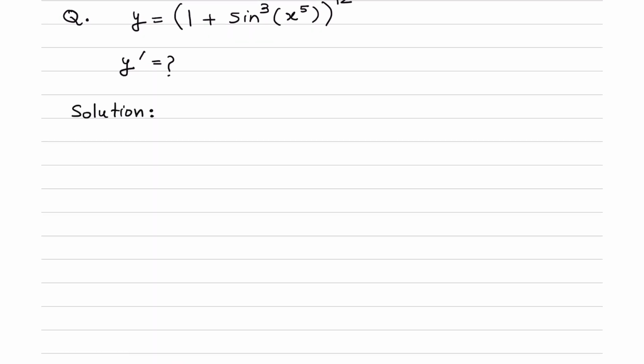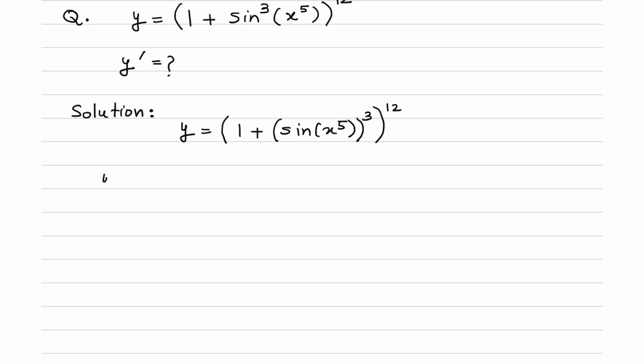To find the derivative of y, first we will write this expression in a simplified form, which is (1 plus (sine of the angle x to power 5) whole cubed) whole power 12.